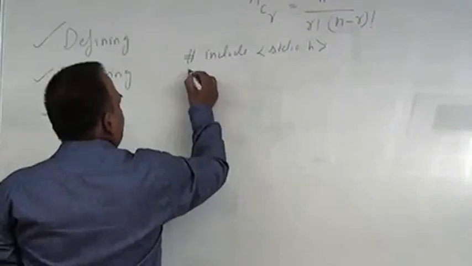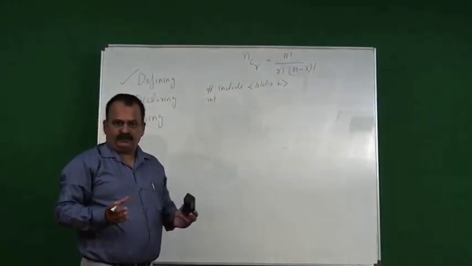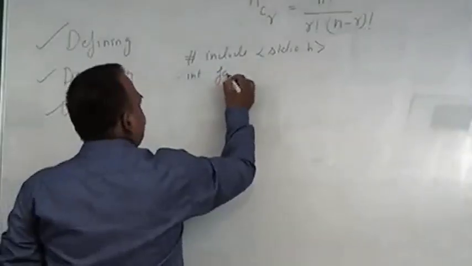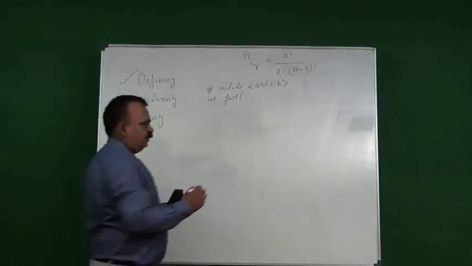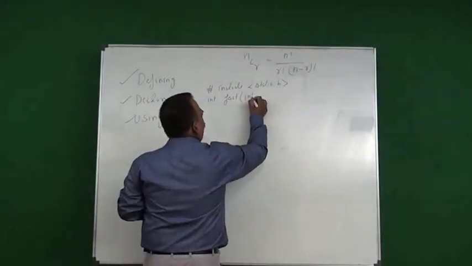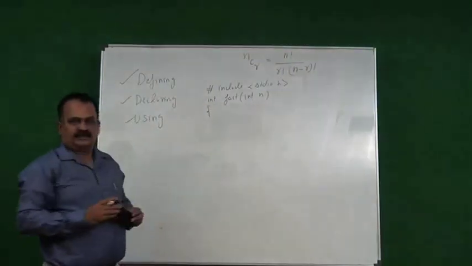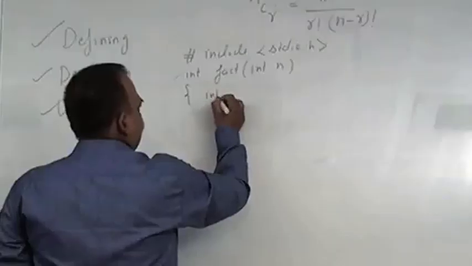Now I can define the function. It is integer, because the type of factorial will be integer. The name of the function, say, is fact, and then the argument, the formal argument. Yes, the formal argument is the input of this function. The next part is the logic.